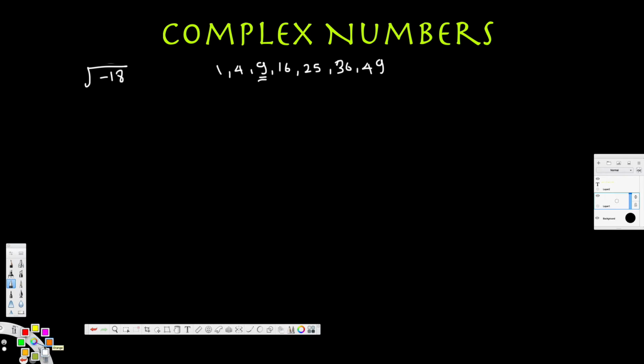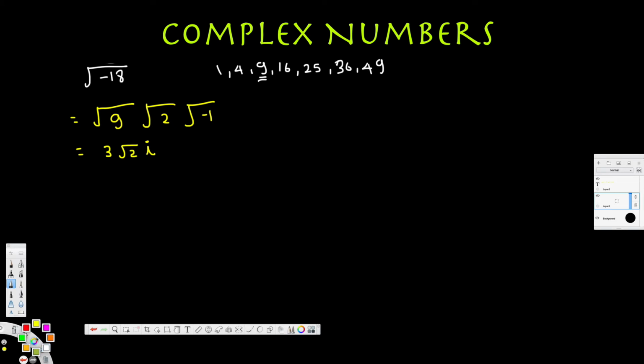So we have to choose that one. If we choose this one, we get 9, and then we multiply by 2, and also don't forget the negative 1. Square root of 9 is 3, and square root of 2 is just square root of 2, because we cannot take the square root of 2. And the square root of negative 1, as we saw before, is equal to i. So we get 3 square root 2 i. That's the answer for this question.